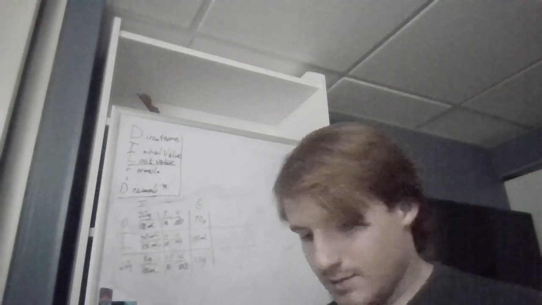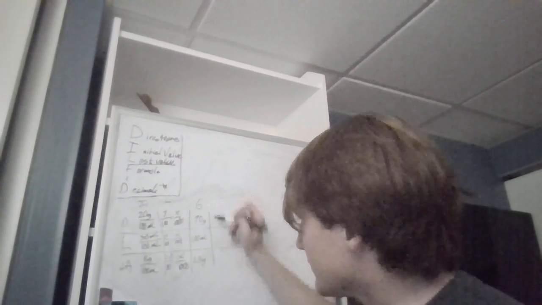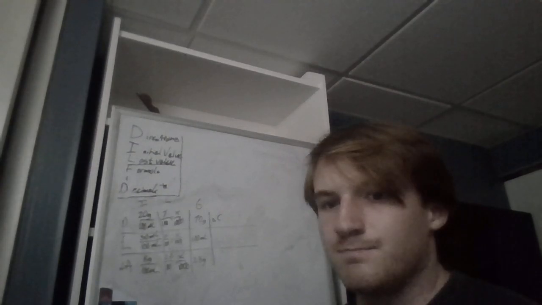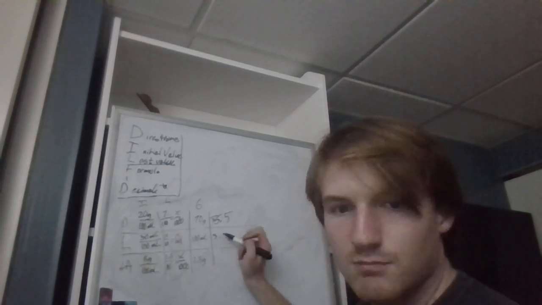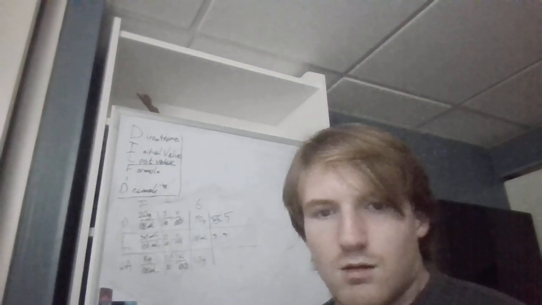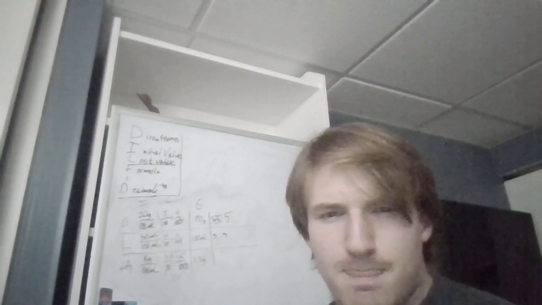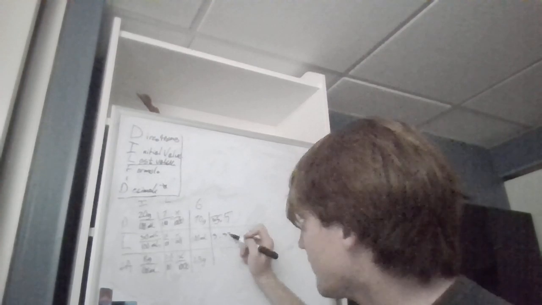So 70 divided by 20 is 3.5. Let me make that a bit bigger. 3.5. 100 divided by 30 is 3.33 repeating.